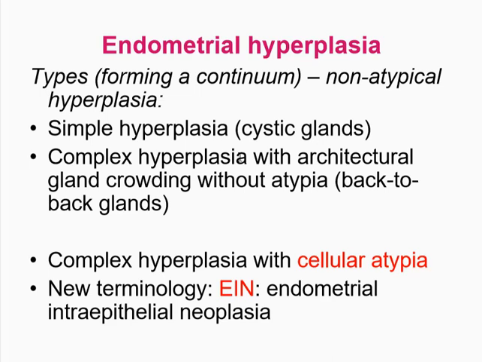Complex hyperplasia has architectural distortion, architectural atypia, due to back-to-back glands, so glands which are very close to each other without intervening stroma. Complex hyperplasia is often associated with cellular atypia, and then we get to atypical hyperplasia, which is nowadays called endometrial intraepithelial neoplasia.